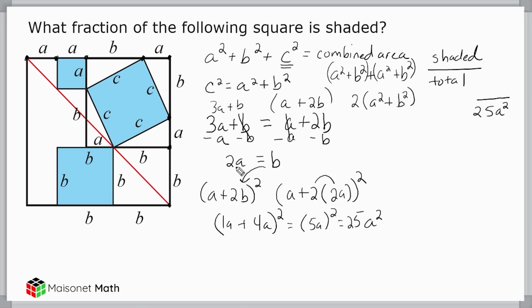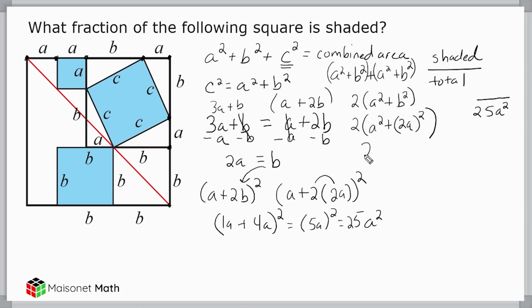Now we also know from our earlier calculation that any time that we have a letter B, it is the same thing as 2A. So what we can do is we can substitute this B here with a 2A. So let us go ahead and write 2 times A squared plus, and then we're going to put parentheses where this B is, and we're going to stick inside there 2A, because B is the same thing as 2A. Now we can go ahead and simplify this expression right here.